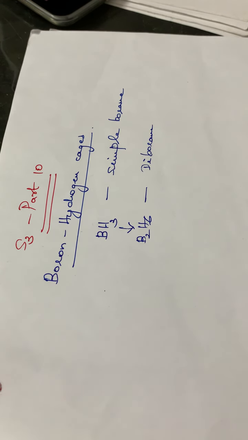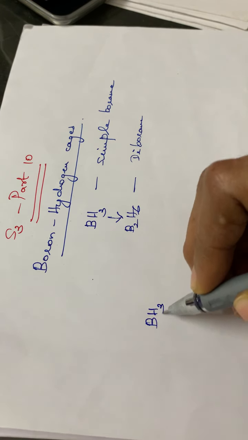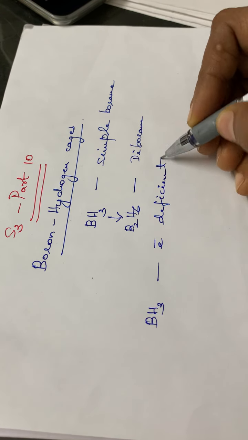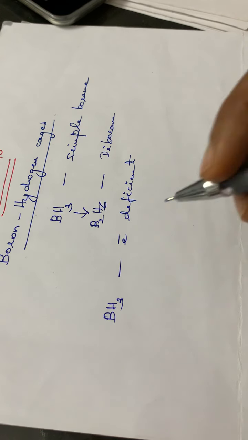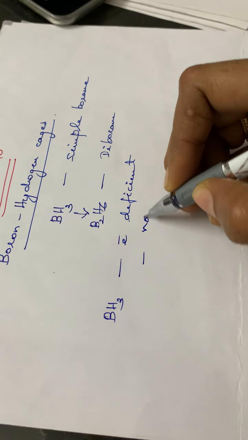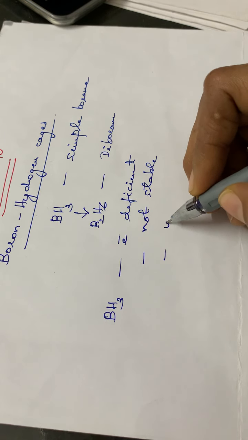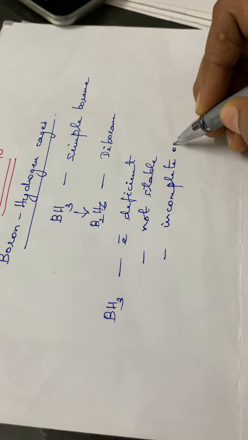And in the case of this BH3 molecule, it is an electron deficient molecule. It has an incomplete octet, and hence it is not stable. Incomplete octet.